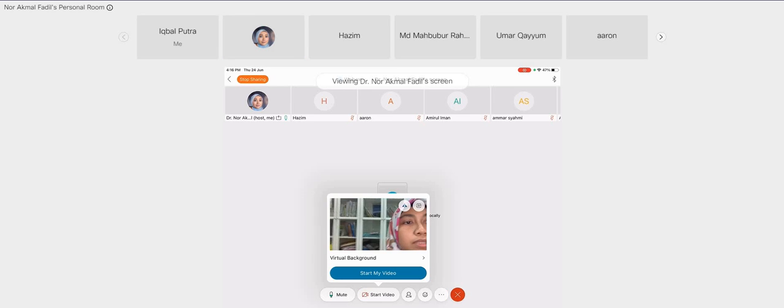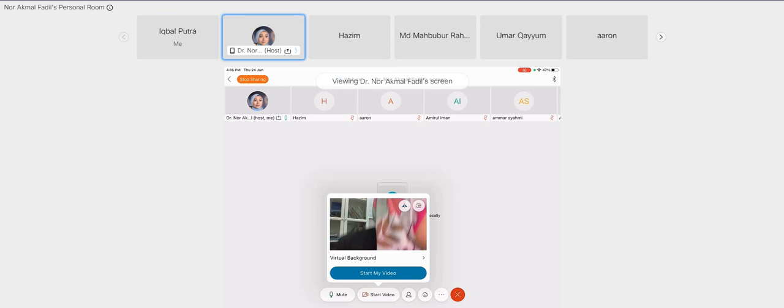Kenapa lah saya macam ni? Sekejap kamera ni.